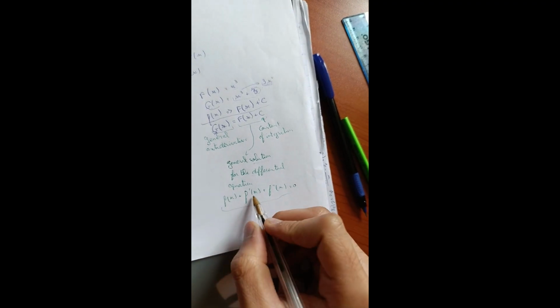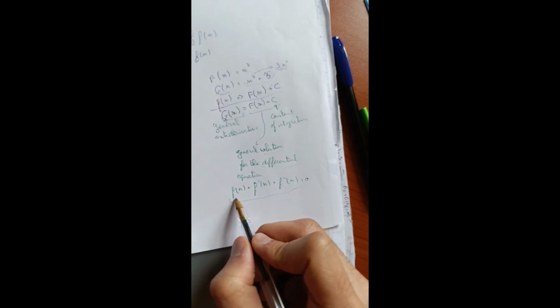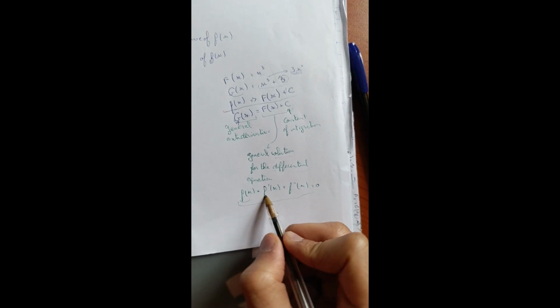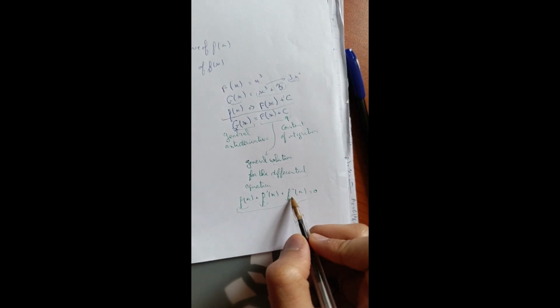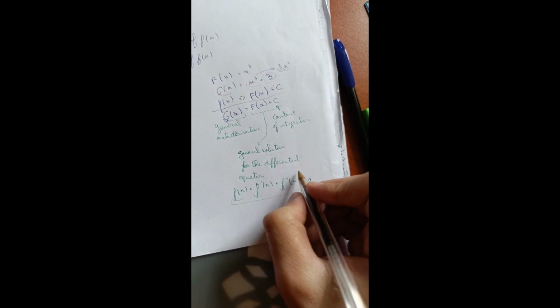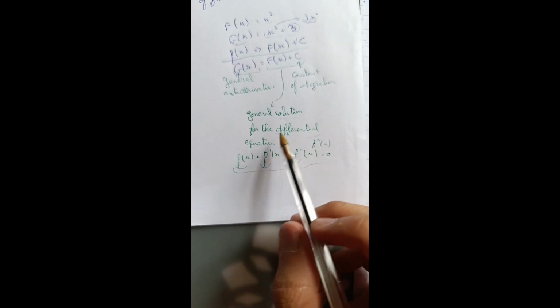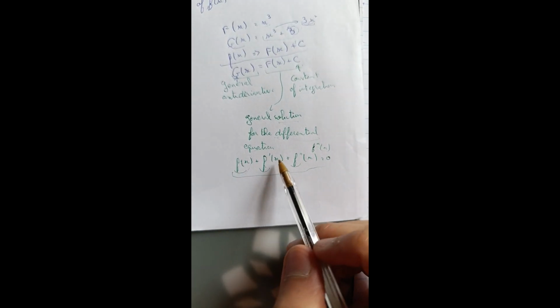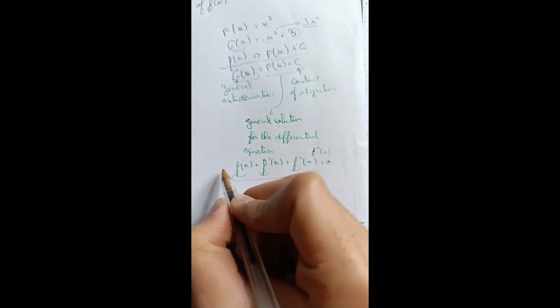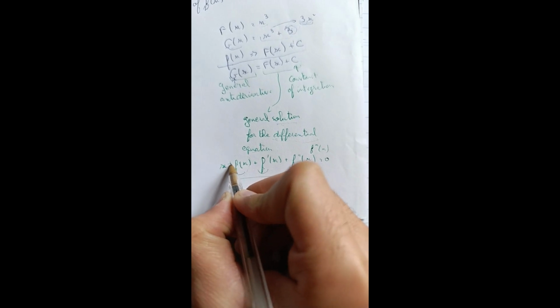This is called a differential equation. It involves a function f of x, its first derivative, and its second derivative. And it can go on all the way to the nth derivative of f of x. A differential equation may also involve the variable x. Let's say x plus f of x plus f prime.